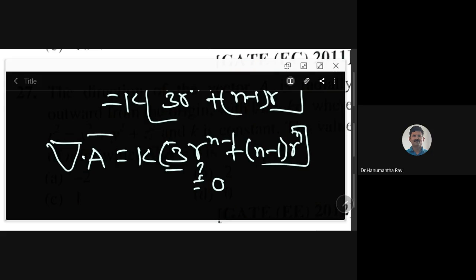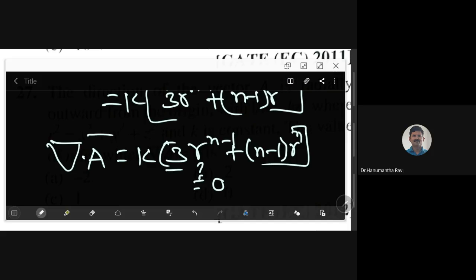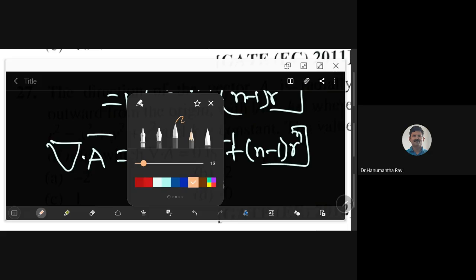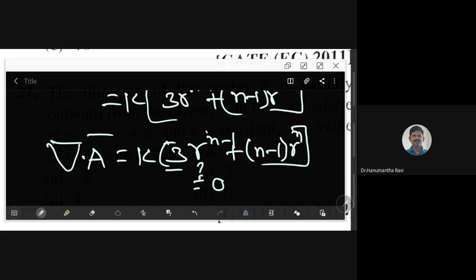Please check once this computation. You are getting r power minus 3 there. Yes, r power minus 3. Good. So it is minus 2. If it is minus 2, r is minus 2 means this becomes minus 3. So this becomes minus 2 minus 1, so minus 3. So this again becomes minus 2.